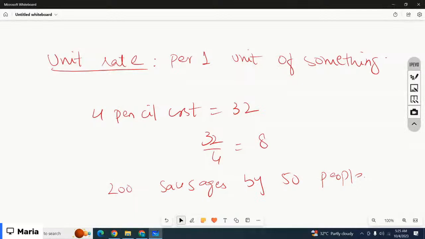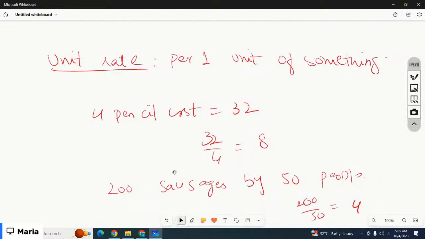How do you calculate? You need to divide 200 by 50. That means per person, or a single person, has four sausages, right?